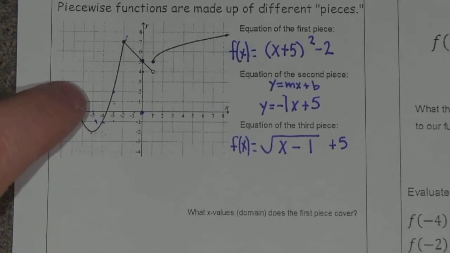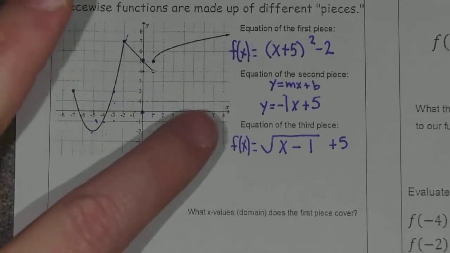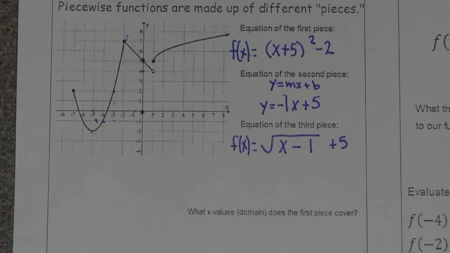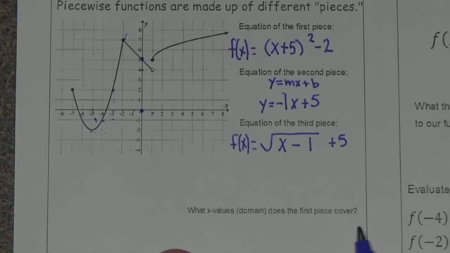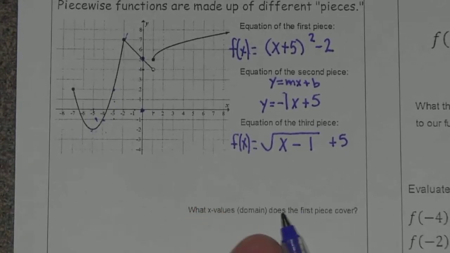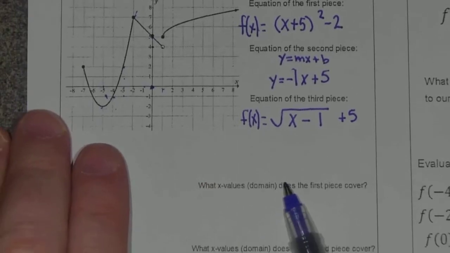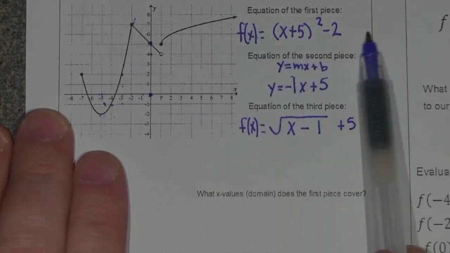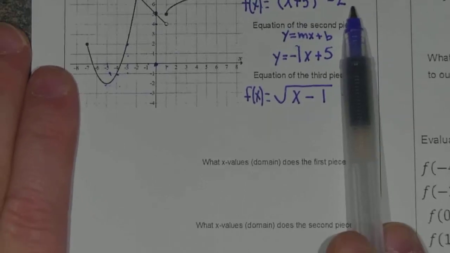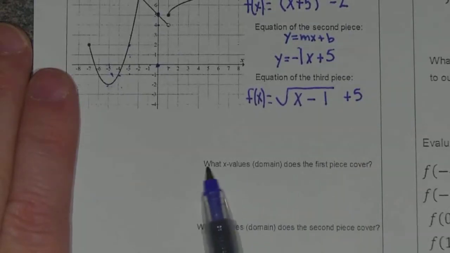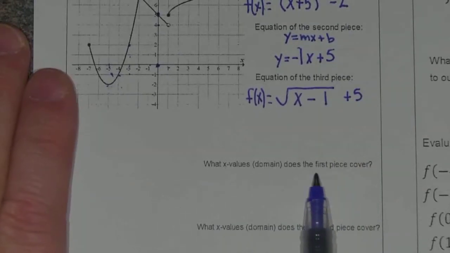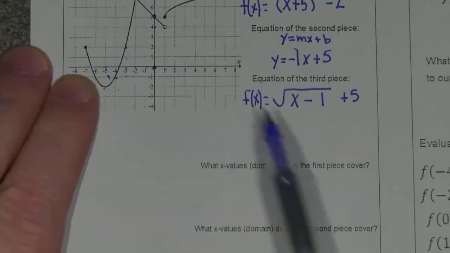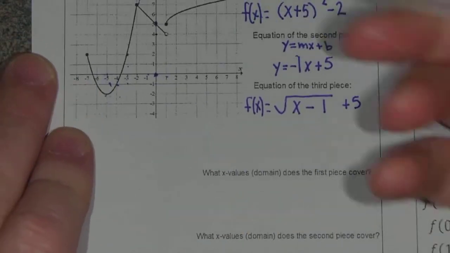So what I did here was I took my graphs and I wrote the equations from them. So then it goes on to ask me questions about the domains of those graphs or the x values of those graphs. So on this first graph right here, what do you notice about the x values, or what pieces of the x-axis does my graph cover?